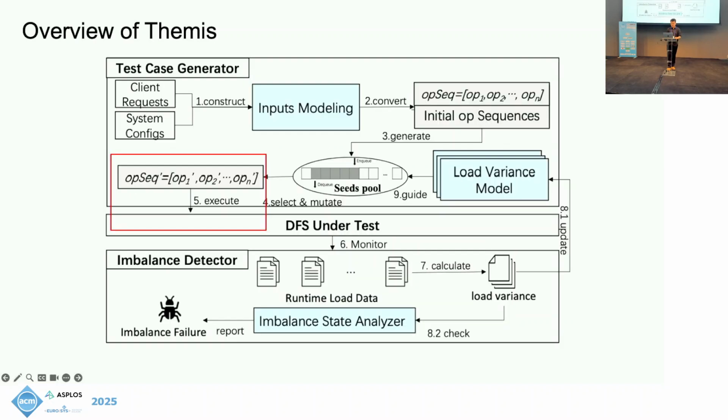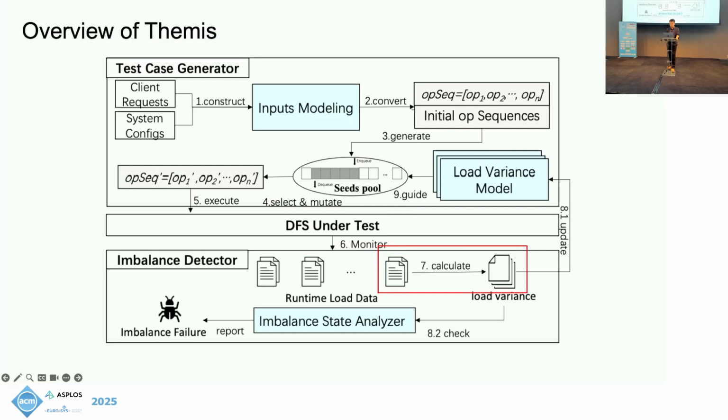Based on the load variance model, we generate test cases for each testing round, and then we use the DFS to execute such operation sequences. Then we use the imbalance detector to monitor and collect the runtime load data. This includes the CPU usage and storage distribution for each node from the distributed file system.